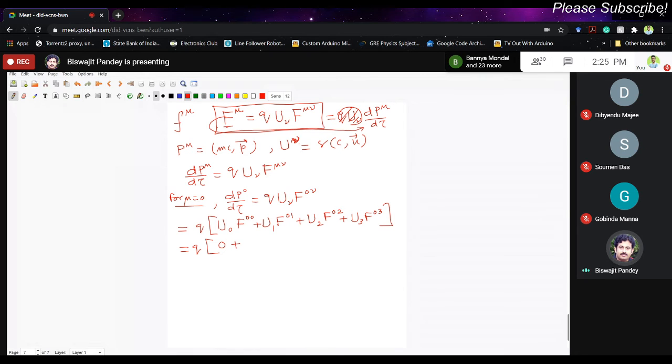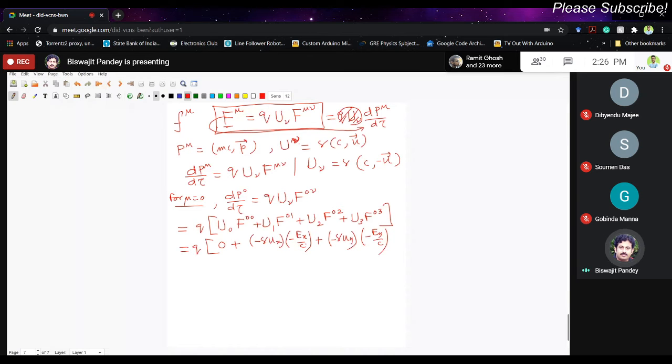What is u1? You have to remember that u nu, the covariants, are gamma c comma minus of u, right? This is the covariant, right? The lower index u1, so what will we write here? Minus of gamma ux, u1 meaning x component, minus of gamma times ux. Now f01, if you notice, what was it? First row second element, minus ex by c in our convention. What was u2? Minus of gamma uy, same way. What will f02 be? Minus of ey by c, first row third column, this third element, yeah.